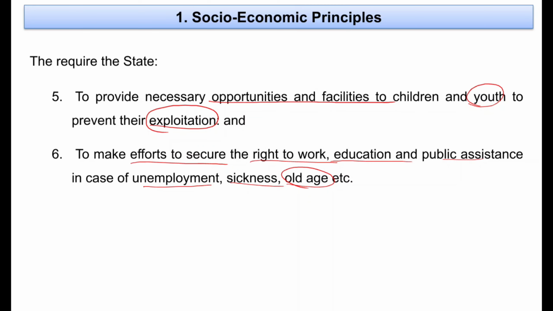Instead, you should give them some money in the form of medical treatment, and you should provide them some assistance. So this is known as the effort to secure the rights, like the right to work, isn't it? And in education also, such provisions should be there.